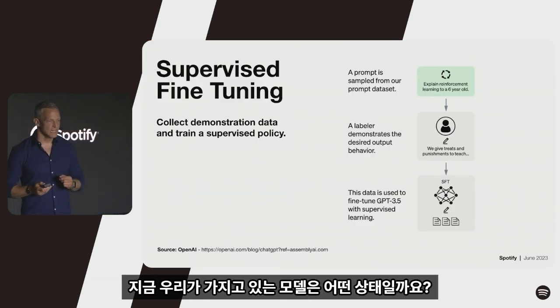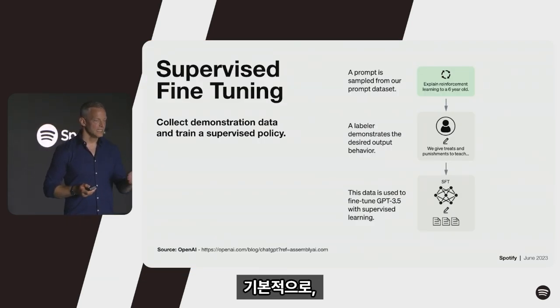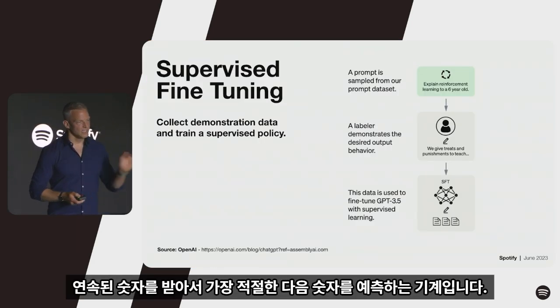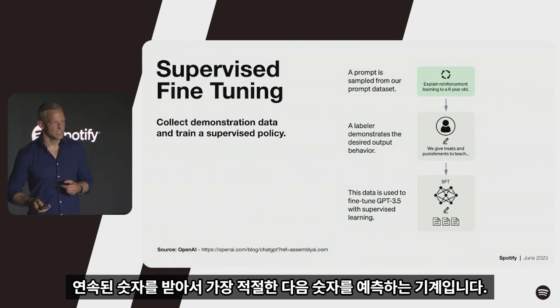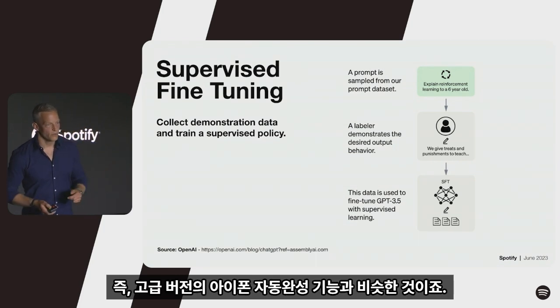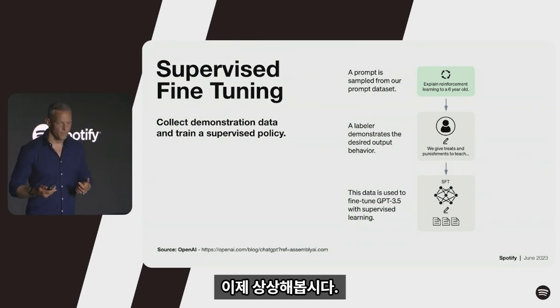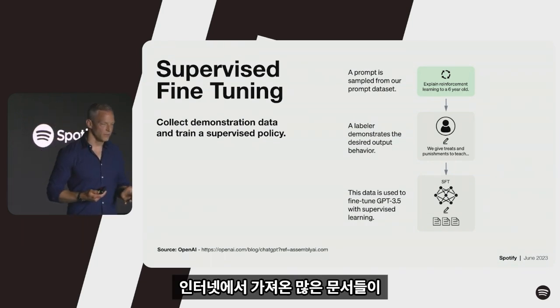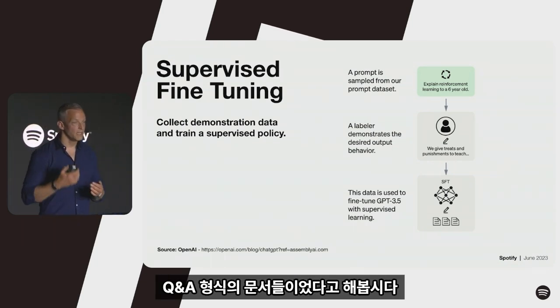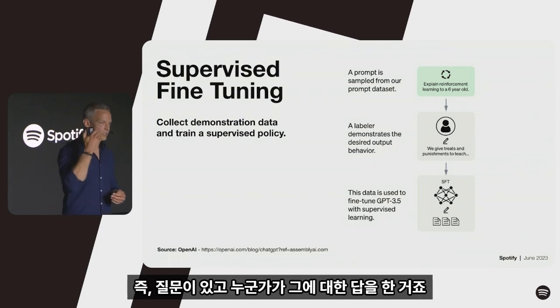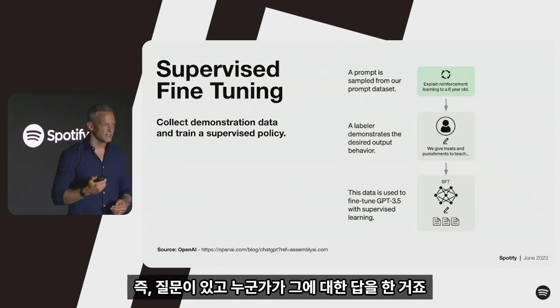Now, we said that what we have now is this machine that can take a sequence of numbers and guess the best next numbers. So it's your iPhone autocomplete on steroids. Now you could imagine that if you take a bunch of documents from the internet that happen to be Q&A documents, right? So there's a question and someone else answered it.